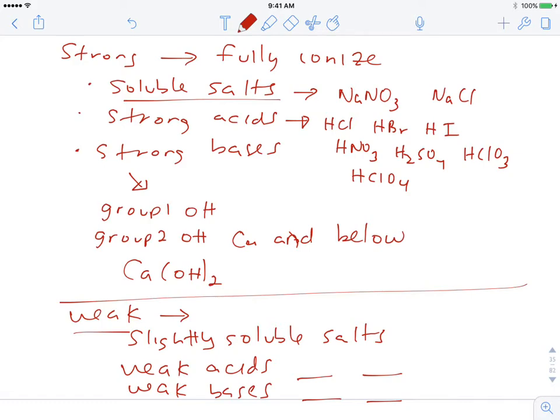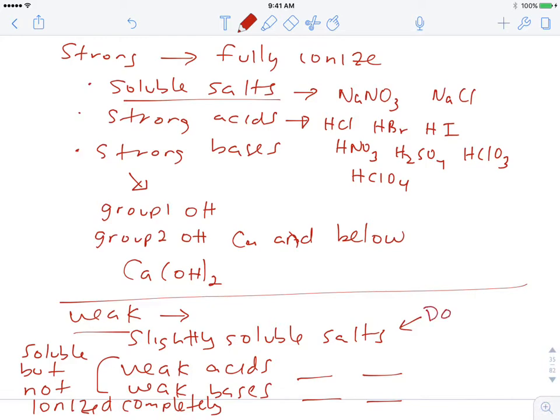The thing with the weak electrolytes is that, yes, they dissolve to some degree. The acids and bases will completely dissolve. They just don't ionize completely. So these are soluble, but not ionized completely. So that's the big difference from the slightly soluble salts.